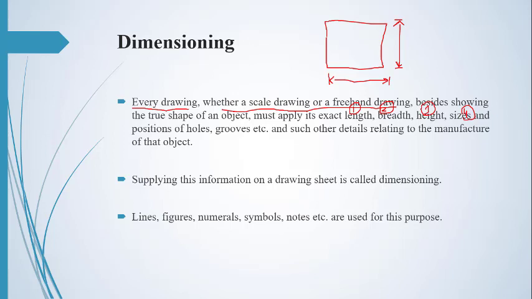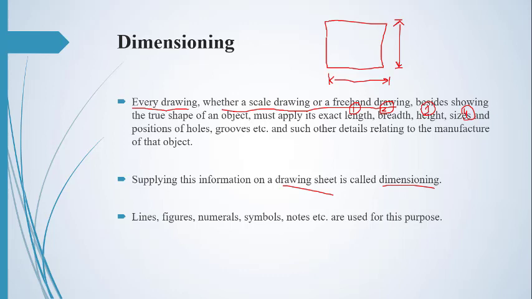So dimensioning is much more necessary in engineering drawing. Supplying this information on a drawing sheet is called dimensioning. So this information like length, breadth, height, sizes, and position of holes, grooves, etc. on drawing sheet is known as dimensioning.